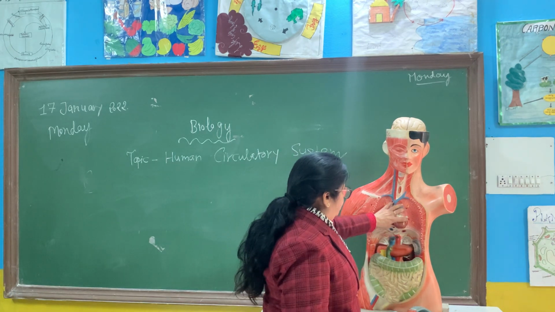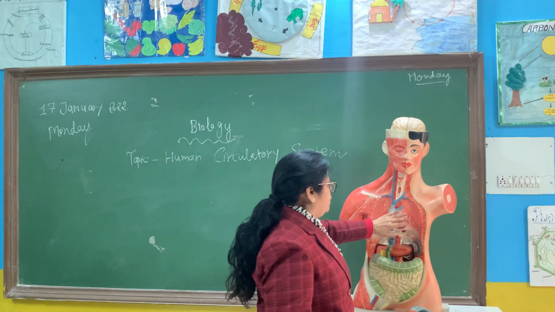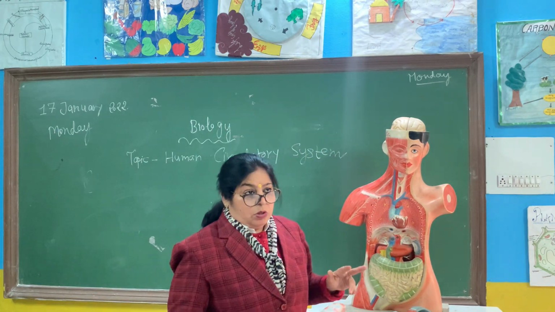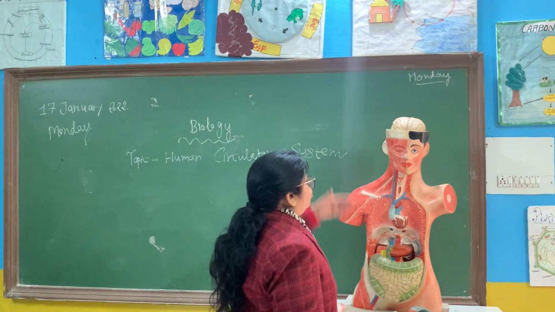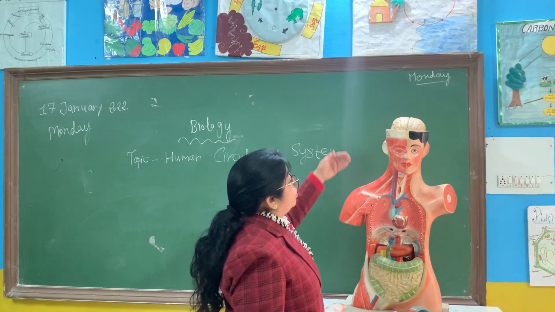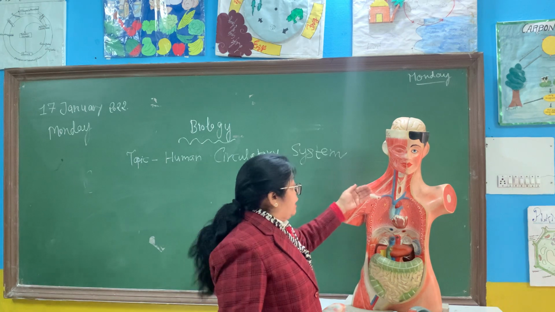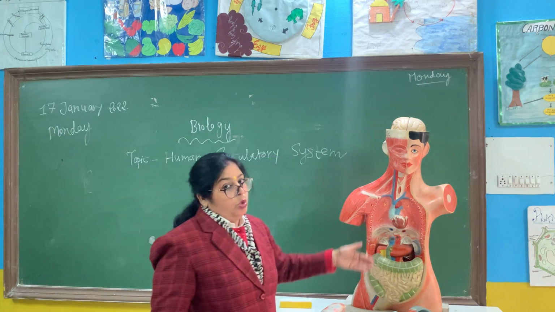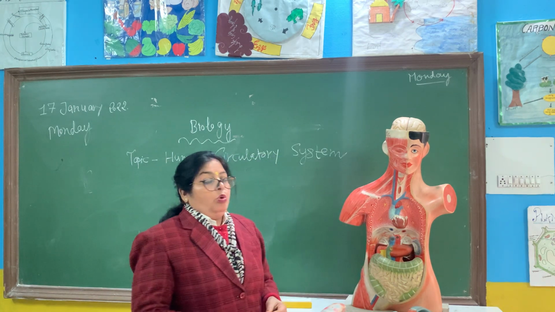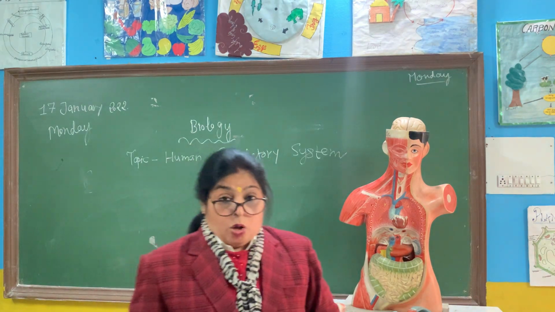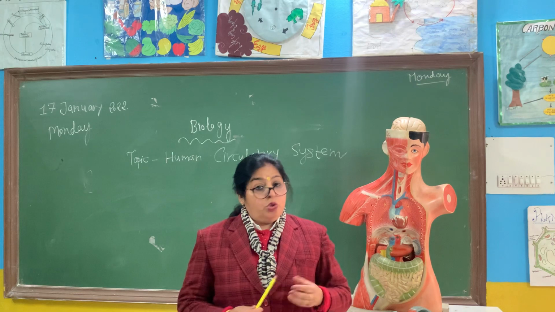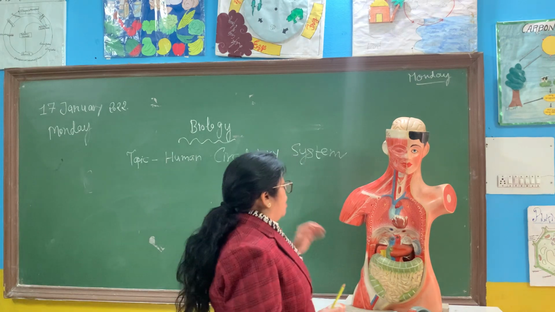So the purified blood, or the oxygenated blood, goes from the vena cava to all parts of the body, to the upper part of our body as well as to the lower part of the body. So we have the double circulatory system. Now the question arises, what do you mean by the double circulation?